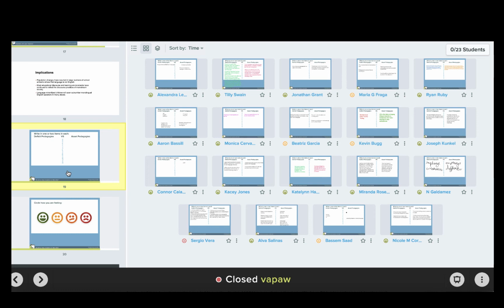Deficit pedagogies, again, are any pedagogies that see students as only English language learners, pedagogies that don't take into account the home language and the important role that it plays, pedagogies that don't take into account students' linguistic or cultural backgrounds, and that don't really give a choice to students, that really expect all students to have some sort of cookie cutter approach to their learning. So we'll be talking more about this as the days go by.